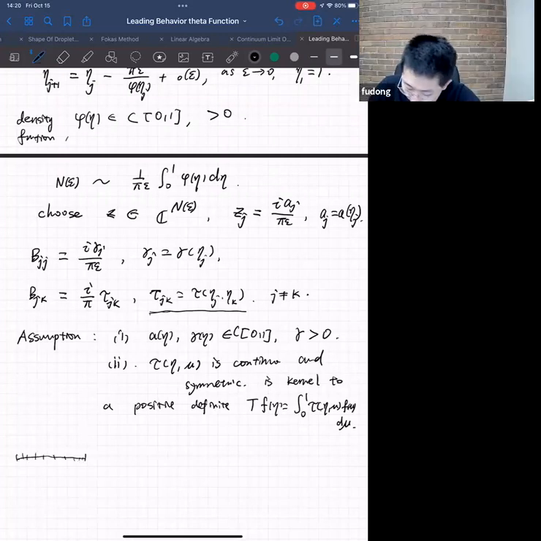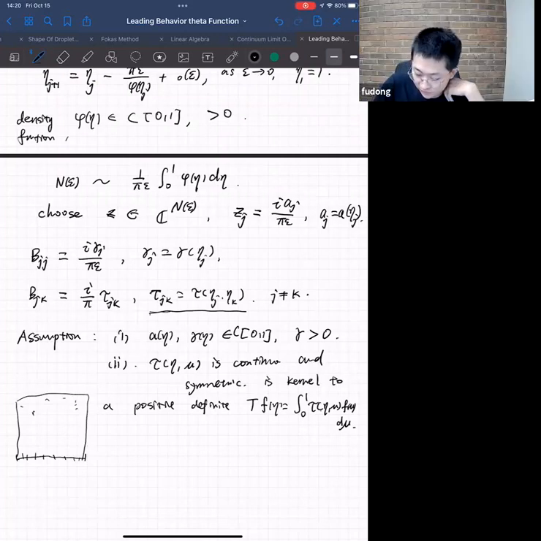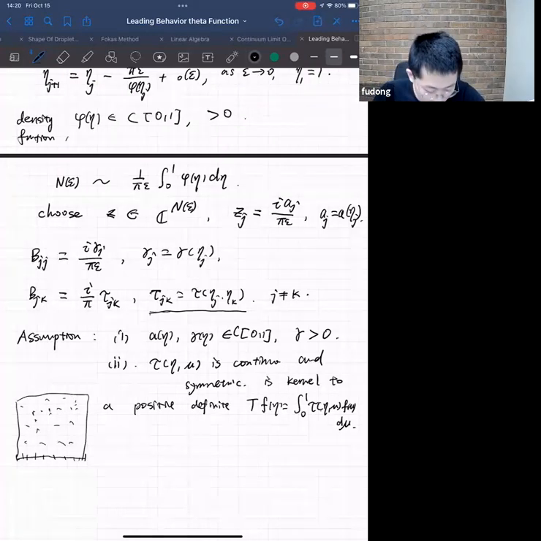Now it's a two-variable function. I see, so you mean integral kernel? Okay, fine, that clears it up. You take out the values, and basically that's how you get this tau matrix. And also this matrix tau jk is positive definite.